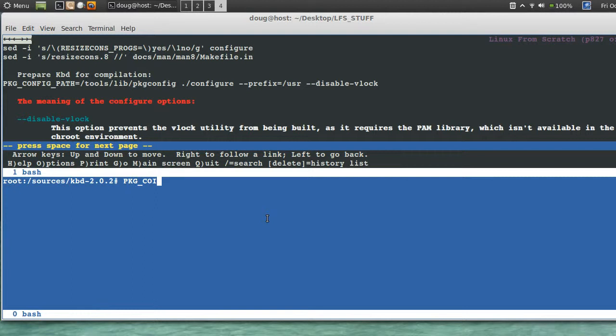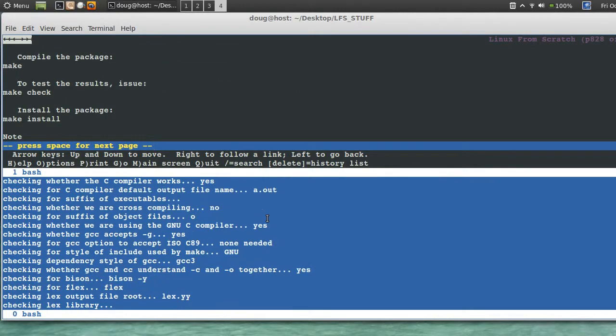Package config path equals /tools/lib/pkgconfig. Configure prefix equals /usr, disable vlock. Make install.